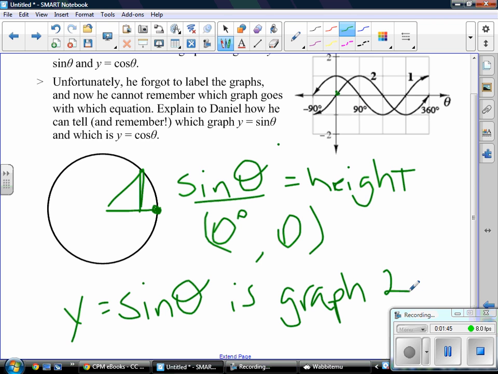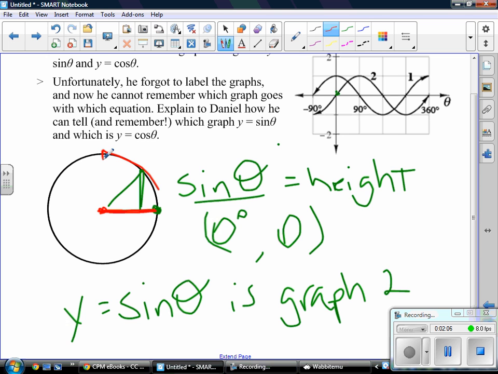So if you just think about you being on the ride, okay? Now if you're on the ride and we're talking about the horizontal distance from the center pole, if you are just getting on the ride, you are really far away from the center pole, right? You're not going to hit that. You're not going to be directly above it until you're way up here, until you're at 90 degrees.